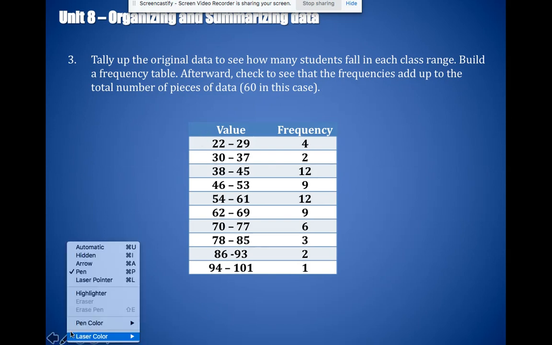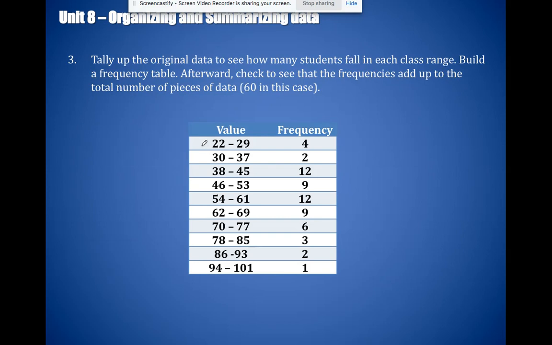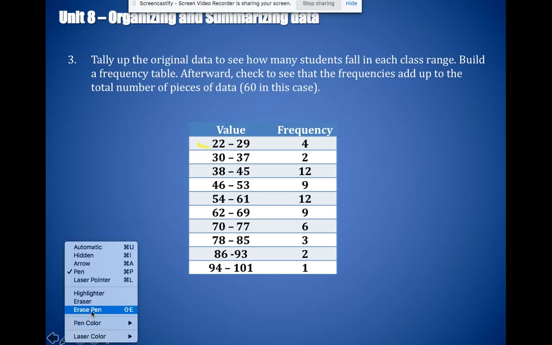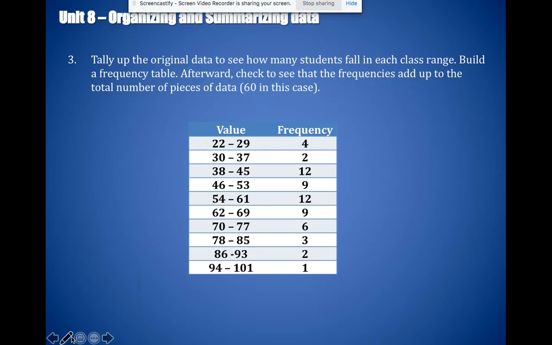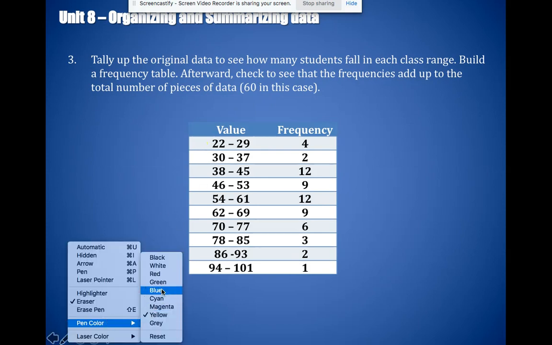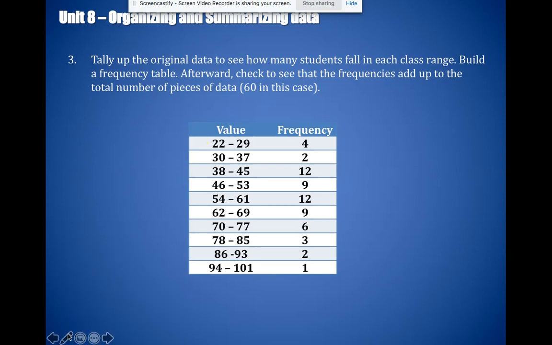So I started with my minimum. I started with the minimum and I added 8 going down, right? Add 8. 22 plus 8, 30 plus 8, 38 plus 8, and so on and so forth.